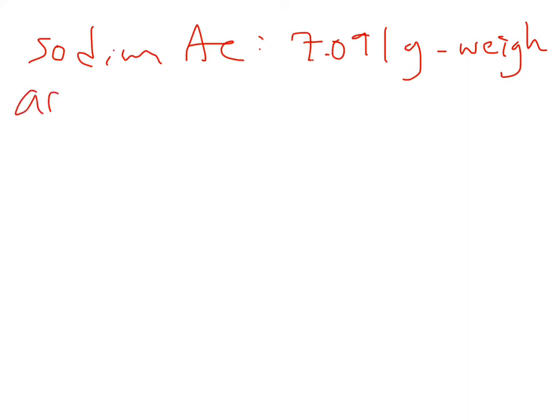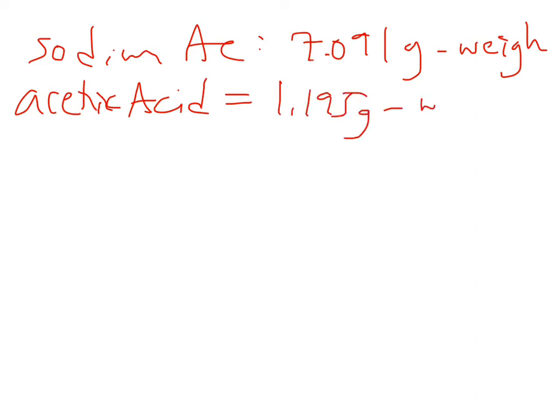Then we had acetic acid, and we had 1.195 grams. That's also going to be weighed. Now, acetic acid is a liquid, and so you're just going to use a dropper for that. You're just going to weigh it, and you're going to add it to the sodium acetate.